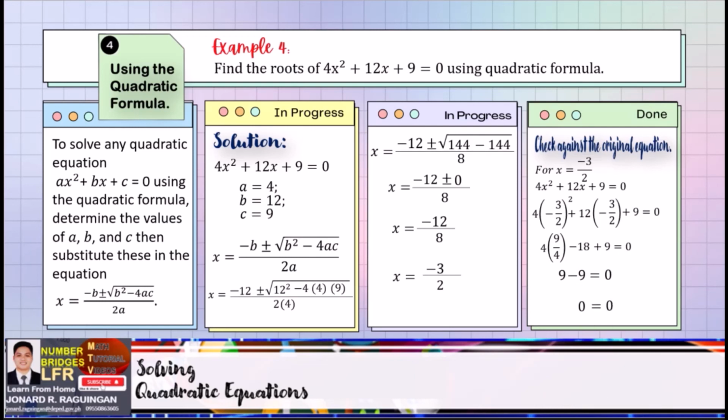The left side and the right side of the given equations are equal, so we have a true equation, meaning that negative 3 halves is a solution of 4x squared plus 12x plus 9 is equal to 0. Hence, the solution of 4x squared plus 12x plus 9 is equal to 0 is negative 3 halves.